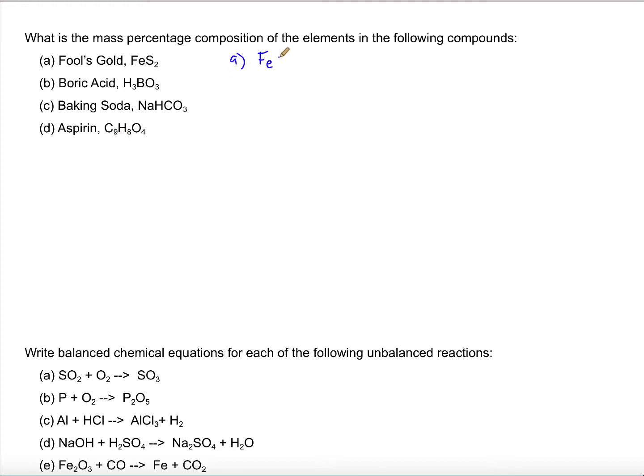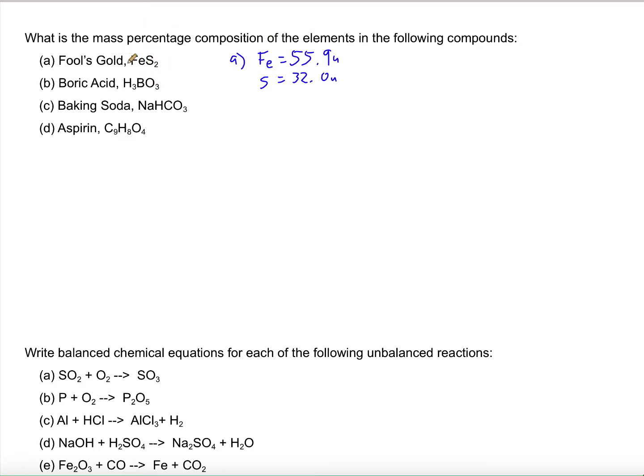And of iron, the atomic mass is 55.9 units. The atomic mass of sulfur is 32 units. The first thing we have to do is to find the total molecular weight of these.